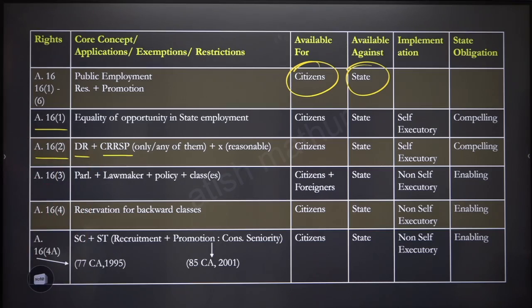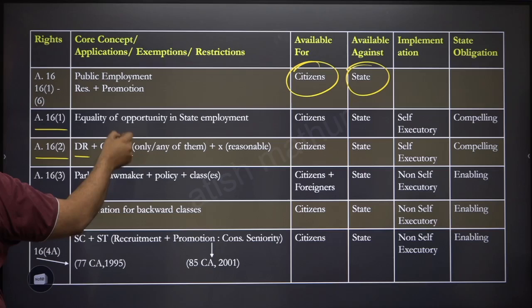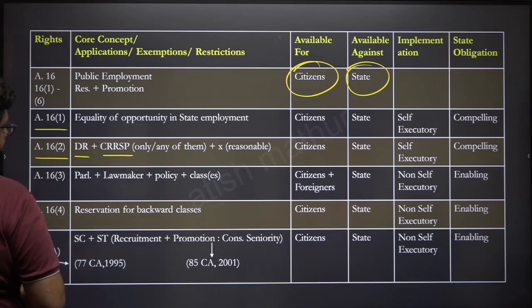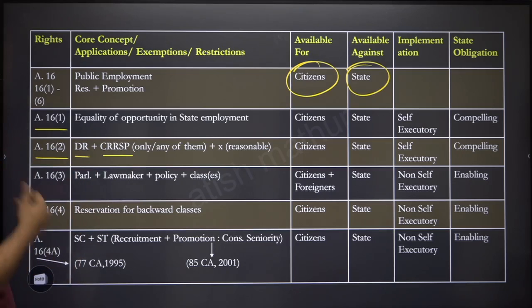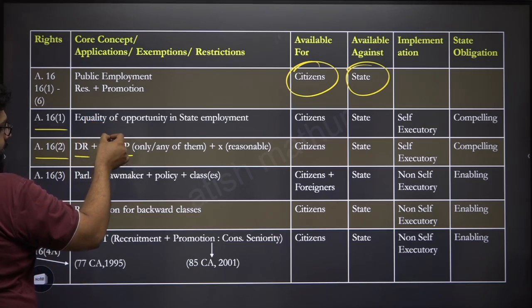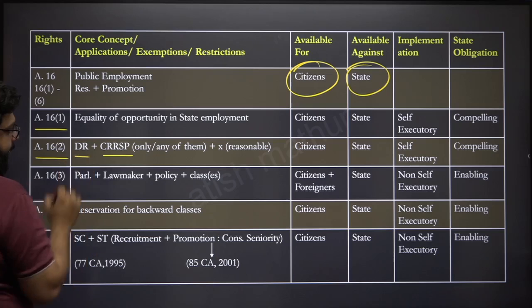So CRR would mean caste, race, religion, sex and place of birth, and here D and R would mean D for descent, and R would of course mean residence, right? So we've got D-R-CRSP, right? So descent, residence, caste, religion, race, sex or place of birth.